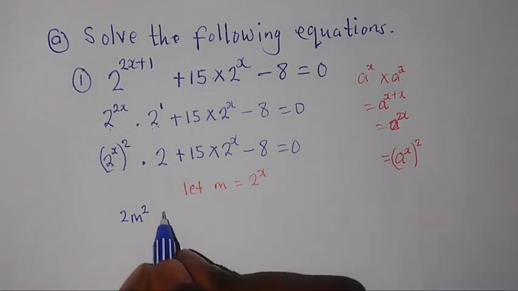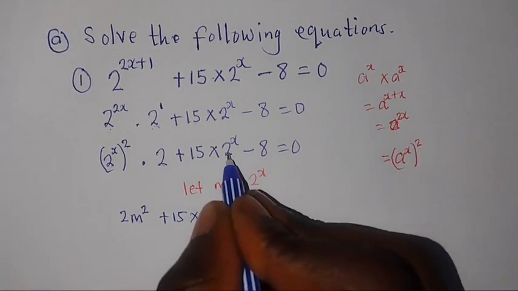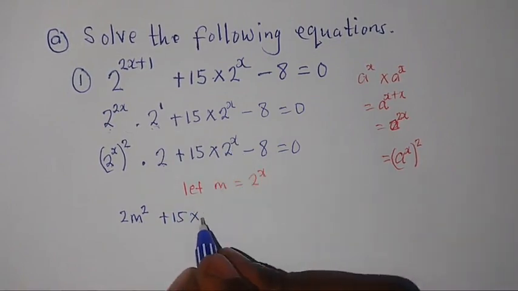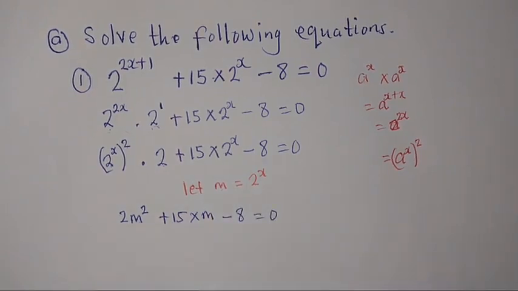Then plus 15 times, where there is 2 to the power of x, we put m, minus 8, is equal to 0. So from here we can say 2m squared plus 15m minus 8 equals 0. This is what you have.